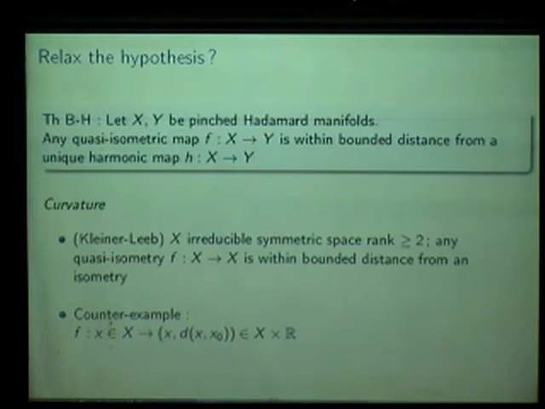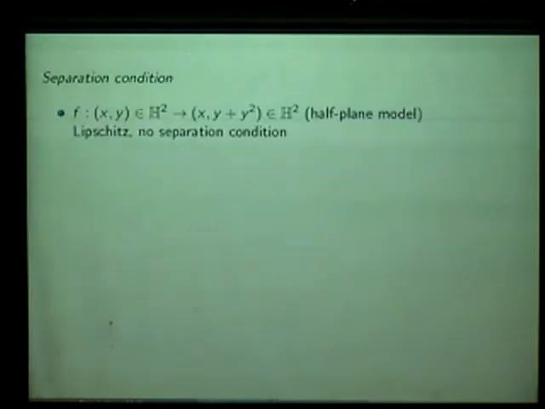Another way you could think of relaxing the hypotheses in our theorem is to relax the quasi-isometry hypothesis. Keep Lipschitz, or rough Lipschitz, and forget about the separation condition. Okay? Well, this will not work, and this is a very simple example.